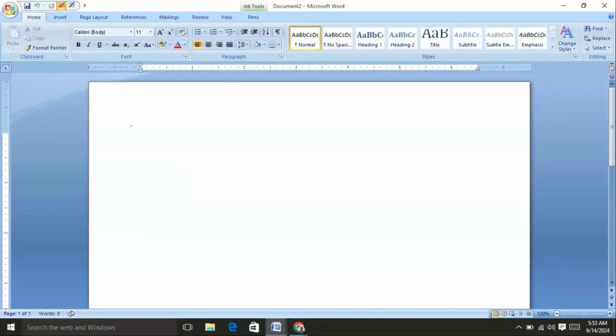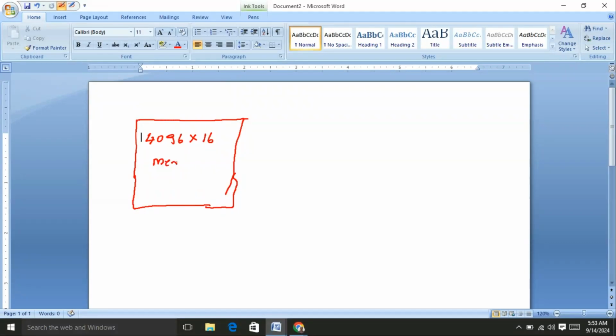We are going to consider this is the memory of the computer, which consists of 4096 words, and each word length is 16 bits. This is the memory.